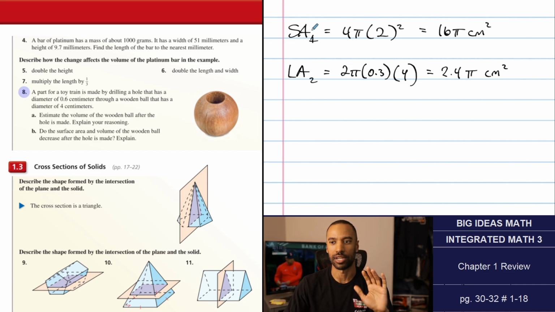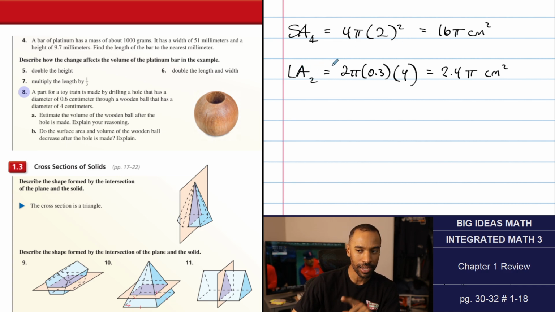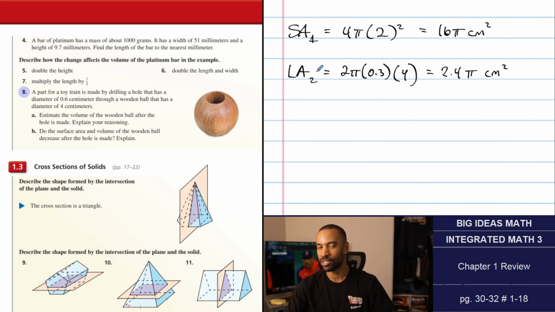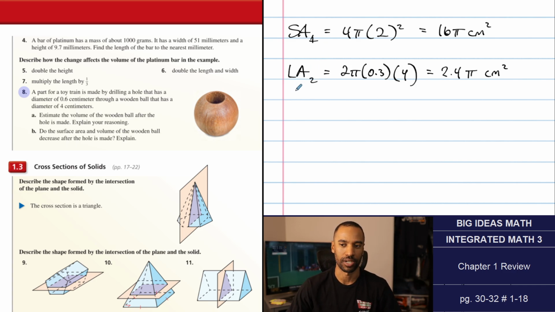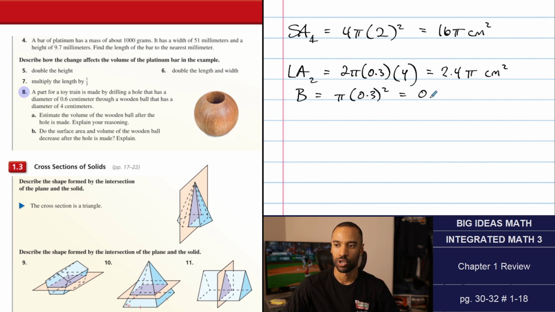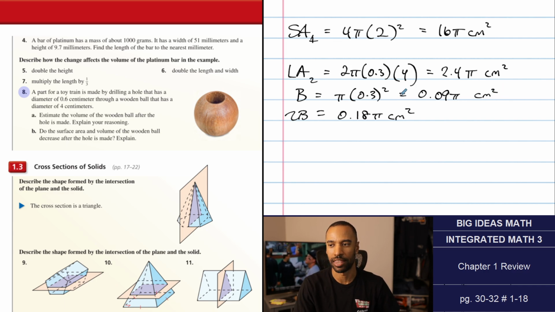The question, and listen, we don't need overall surface area. We just need to know if the lateral area minus the 2 base areas is a positive number or a negative number. Really, that's the only ultimate question, and I think the answer is going to be a positive number. Base area is pi r squared, and pi r squared is 0.09 pi, so 2 bases is 0.18 pi square centimeters, significantly less than this other guy that you have right here.